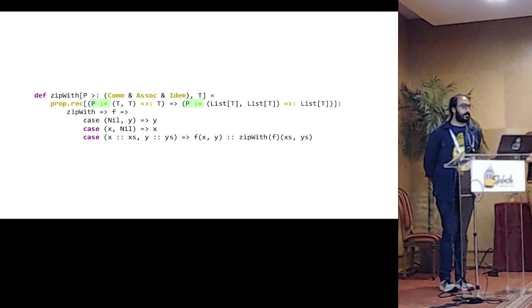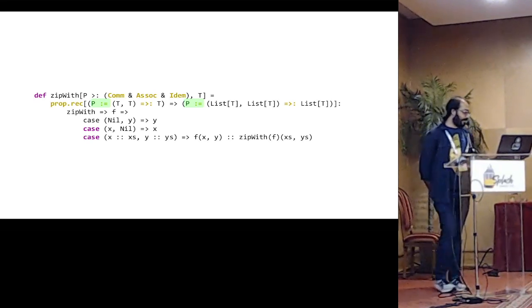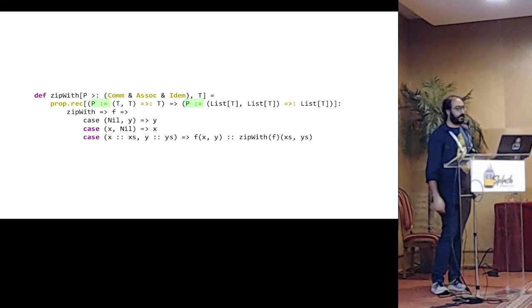You just give it a function and it does pairwise elements on top of this list. And the very nice thing about it is that we can make it polymorphic over the properties. So if you give zipWith any function that has the properties we want, then it produces a function with the properties that we also want. And so it kind of gave way into a new way of constructing correct CRDTs from the ground up.